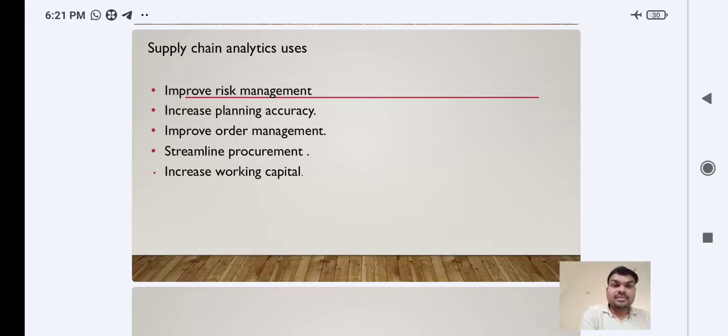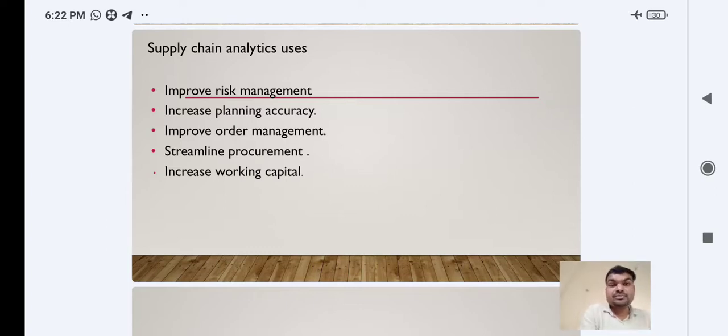Order management is also improved in supply chain analytics. Supply chain analytics gives the data on how much product is required and where, so we can improve order management. Streamline procurement means there will be no lack of material or breakdown in the supply chain.